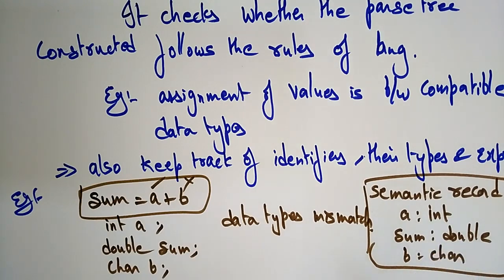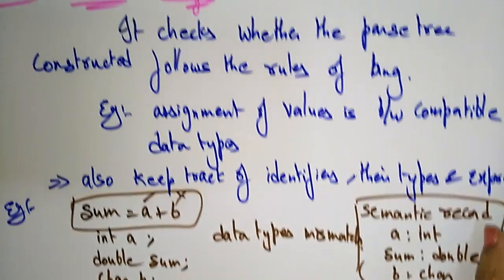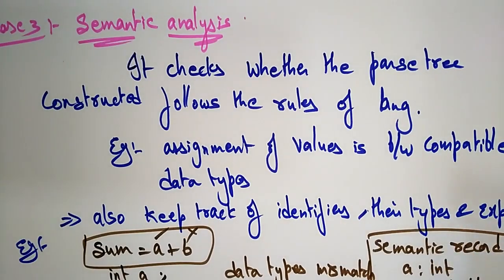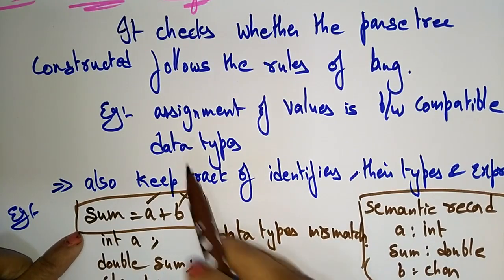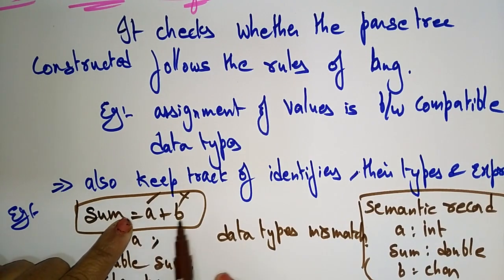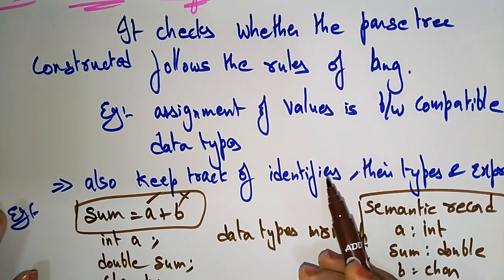But what the semantic analysis is doing is checking whether the parse tree that is constructed is following the rules or not. These are the rules it has to follow: whether the assignment of values is between compatible data types or not. That is exactly what semantic analysis is.